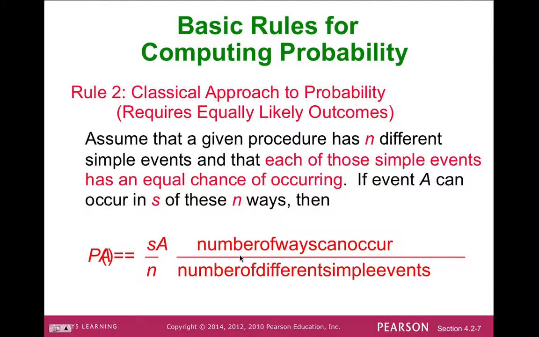It can come up in the number 2, in the number 4, or the number 6. But the number of different possible simple events is actually all 6 sides of the die. But an even number can only occur in 3 of those. So 3 out of 6 means that you would get a probability of getting an even number of 50%.